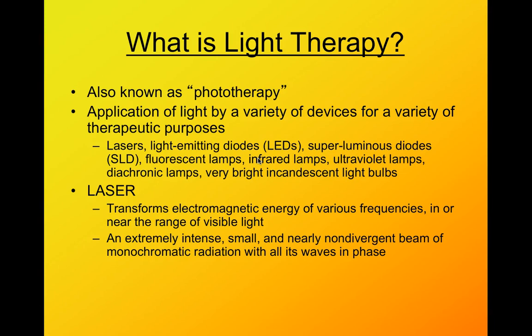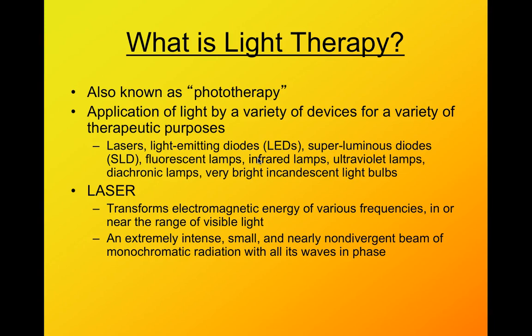So it has all of the waves in phase. So this is really important. So lasers have very distinct characteristics compared to like a light bulb. Okay, so think of the difference between your little laser pointer, right, and a flashlight. Okay, we're going to talk about those differences.